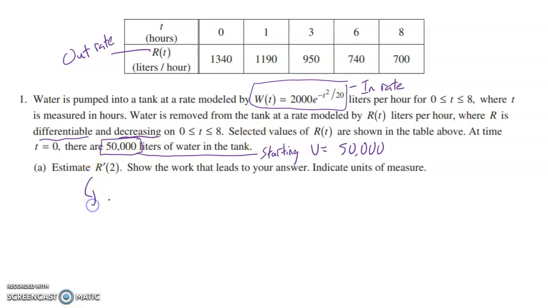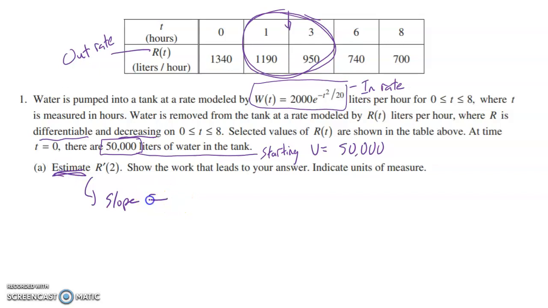R prime of 2. You should know that when I do a derivative, we're talking about slope. When they say T equals 2, notice that is in between T equals 1 and 3. So how could I use this to estimate slope?